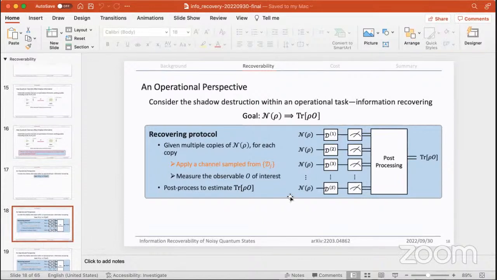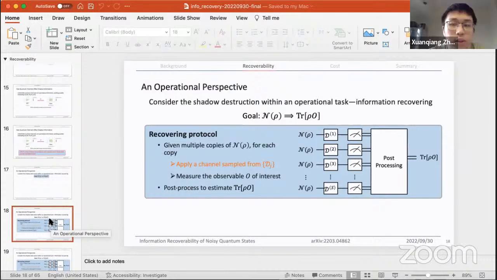Can I ask a question? Yes, please. So I was wondering, have you considered the measurement errors, or can the measurement error somehow be incorporated into this quantum channel? No, so for now, what operations we can do, we consider them to be ideal.